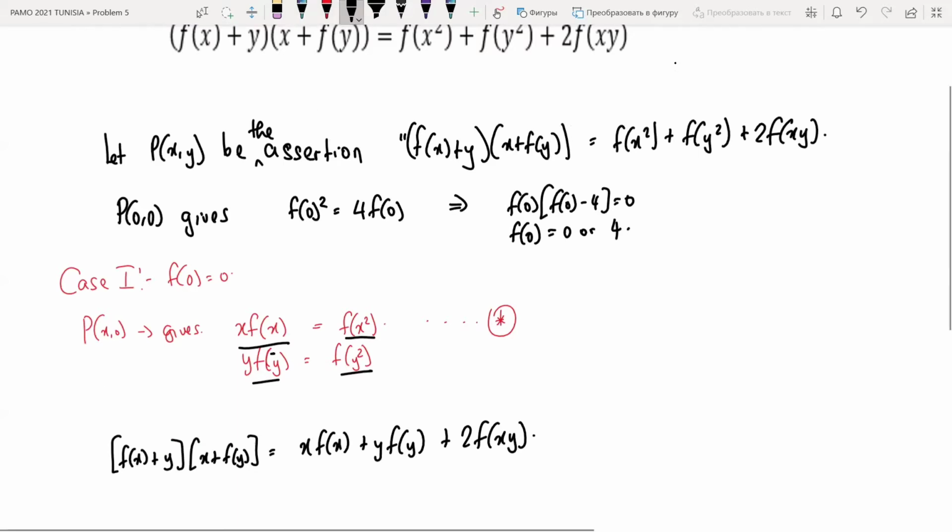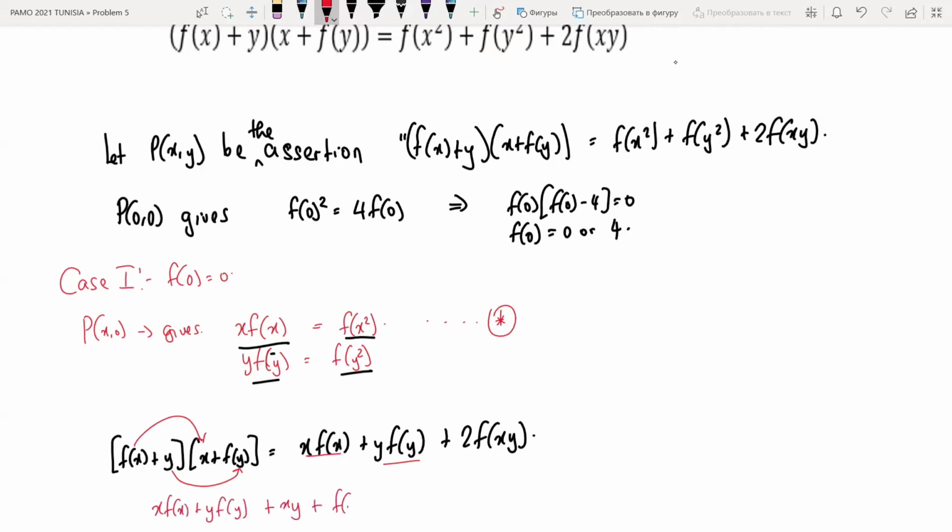If we are observant, we see that this and this can be obtained by multiplying this and this and this and this. So it would be a good idea to expand this left hand side, and some things will cancel out. So let's expand the left hand side and see what we get. When we do that, we get x f of x plus y f of y. I'm already rearranging it, not writing it in the order I got them.